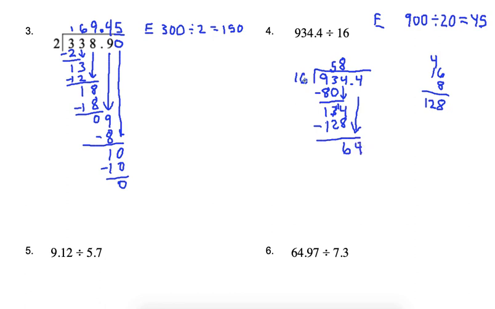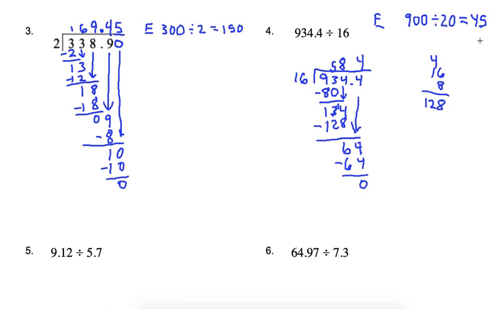And I know that 16 times 2 is 32, so that means 16 times 4 would be 64. Minus that, we end up with 0 when we minus that down.